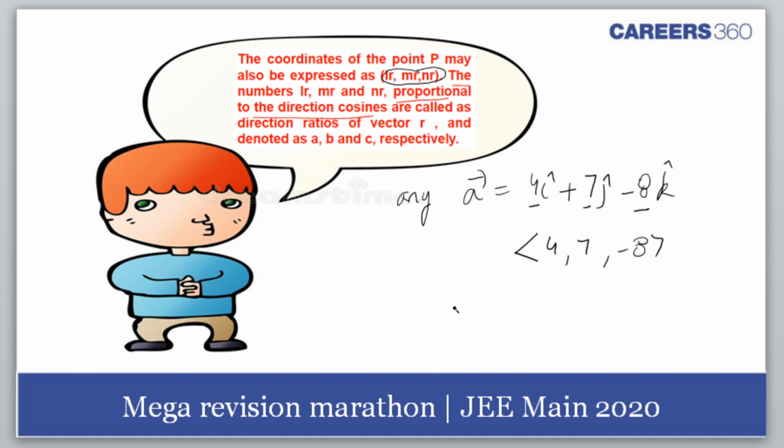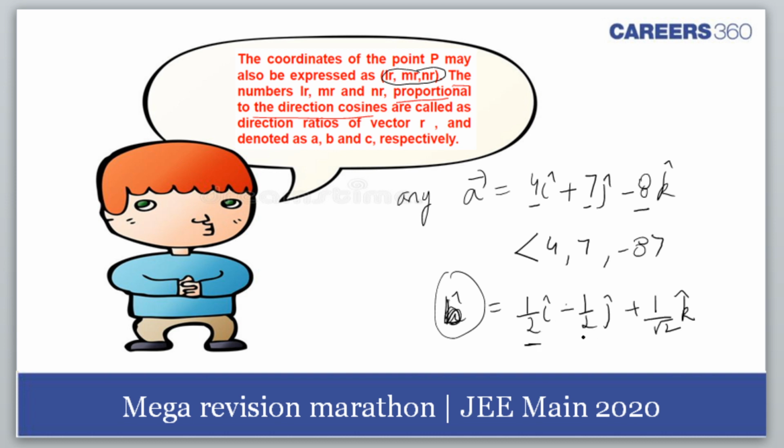And if there is a unit vector, let's say B unit vector I am taking. Let's say it is 1 by 2 i cap minus 1 by 2 j cap and 1 by root 2 k cap. Now this is a vector in which the magnitude is 1.